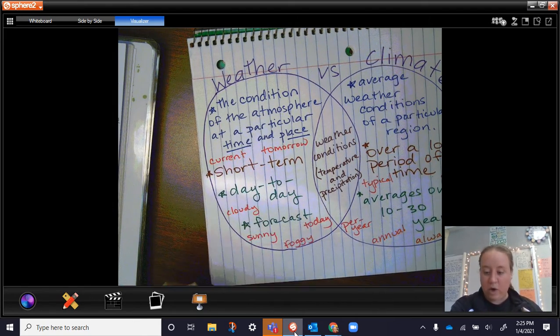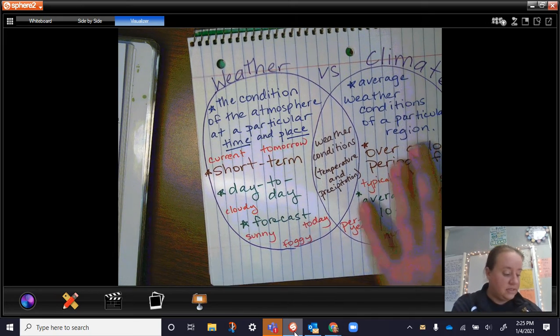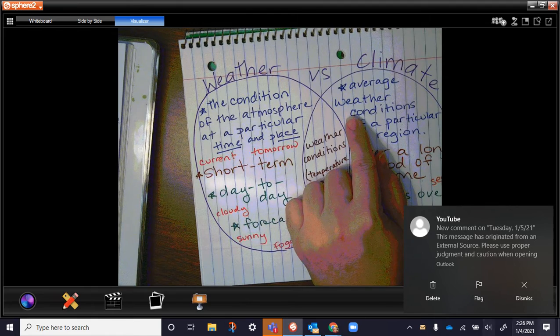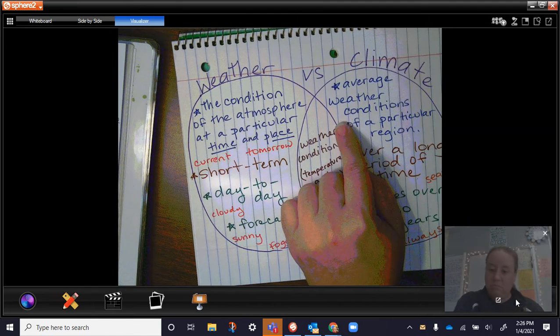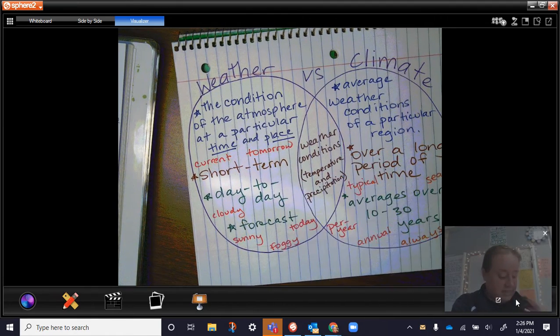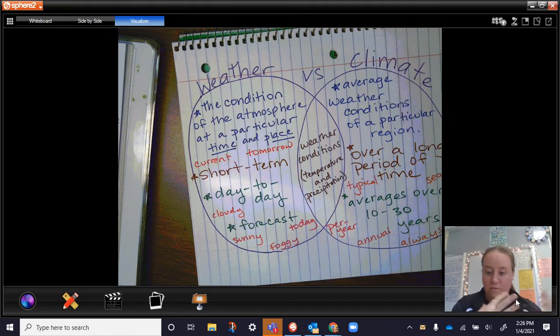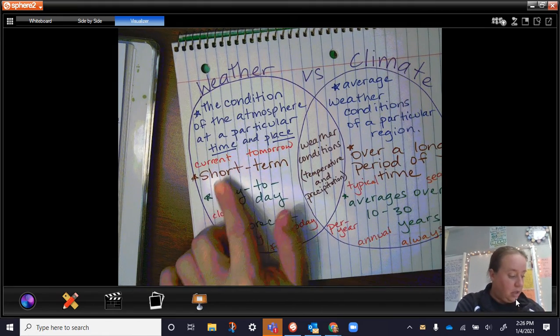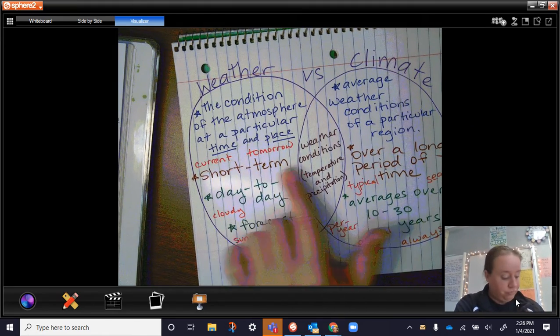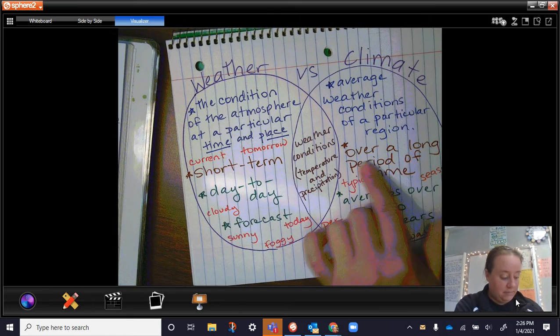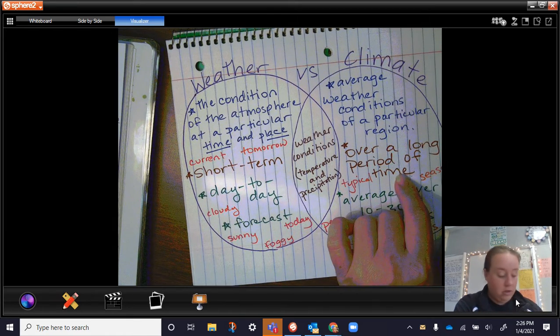So right now, if I open my door, I could tell you what the weather is. Versus climate is the average weather conditions of a particular region. Okay, so it's not just the here and now, it's over a period of time. Weather is short term, like I just said. Climate is talking about a longer period of time.